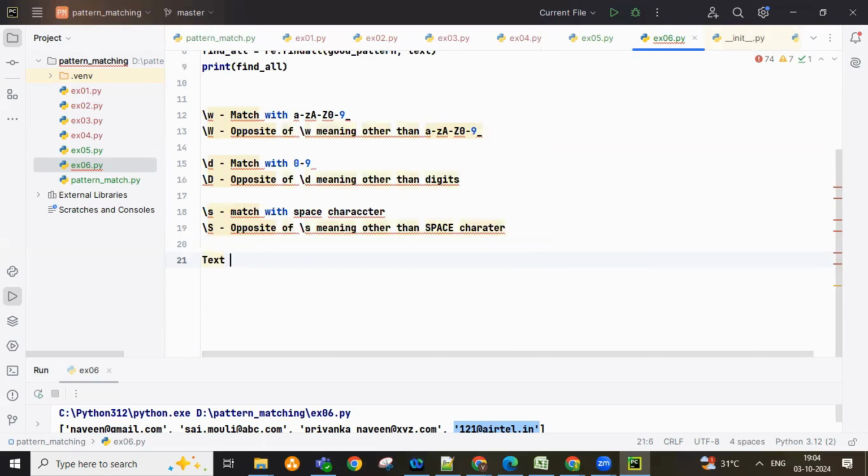Let's say text equals hello. You want to match some text like this, and digits followed by some special characters.